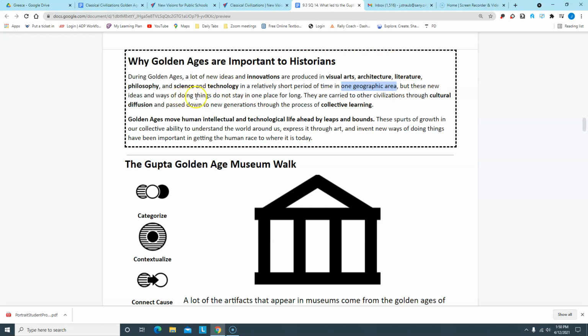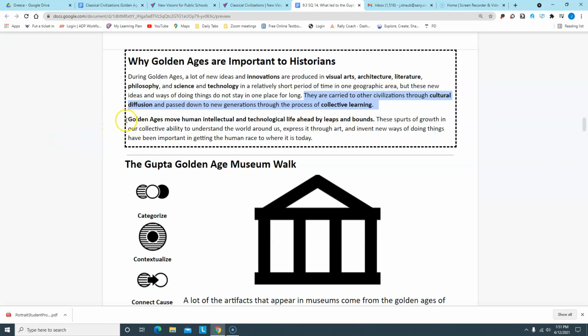But these new ideas and ways of doing things do not stay in one place for long. Because as we talked about last week, one key term that you need to remember and carry with you always in social studies is the term cultural diffusion. They are carried to other civilizations through cultural diffusion and passed down to new generations through the process of collective learning.